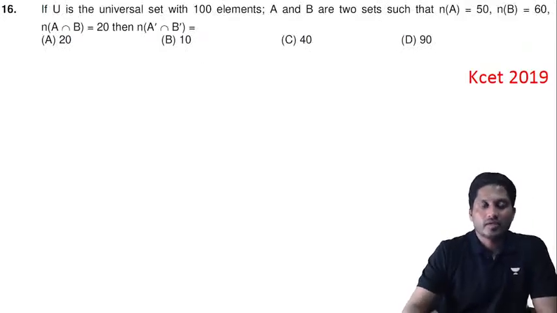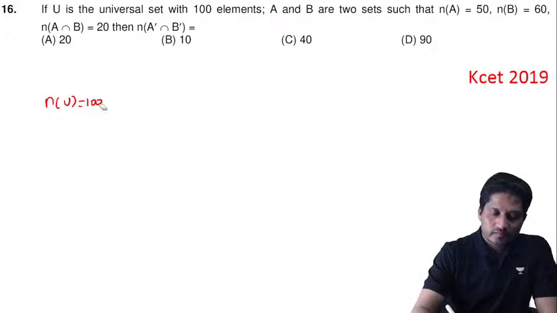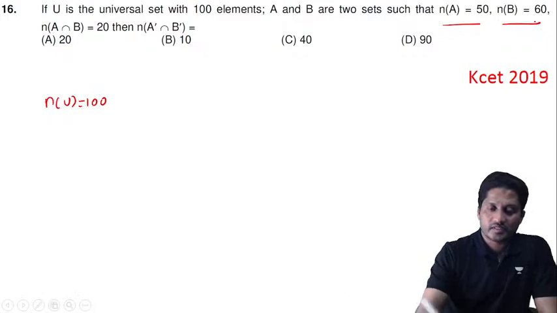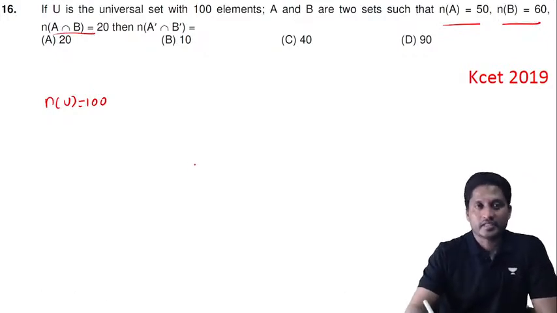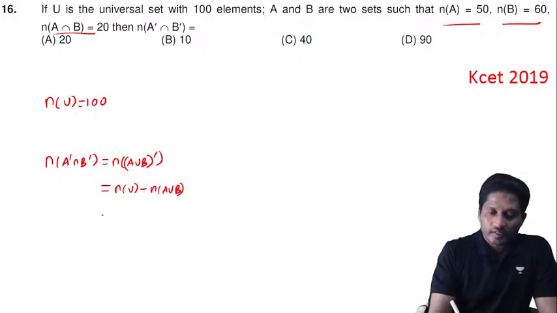Okay, now universal set is 100. N of A is given, N of B is given, N of A intersection B is given. N of A' intersection B', the same as N of (A union B)', is equal to N of U minus N of A union B. N of U, universal set, is 100.